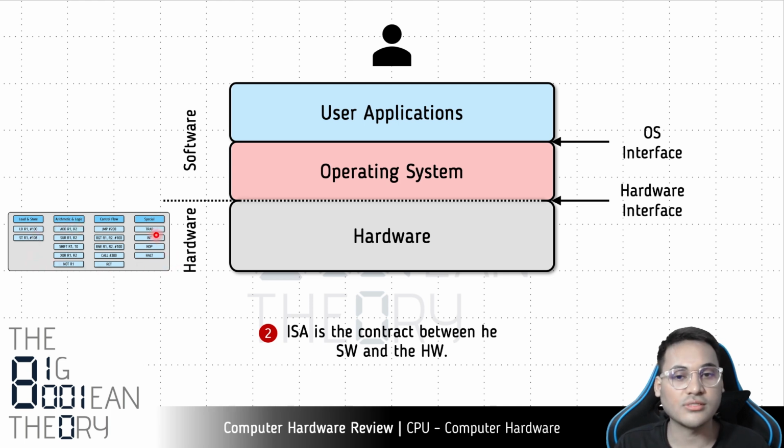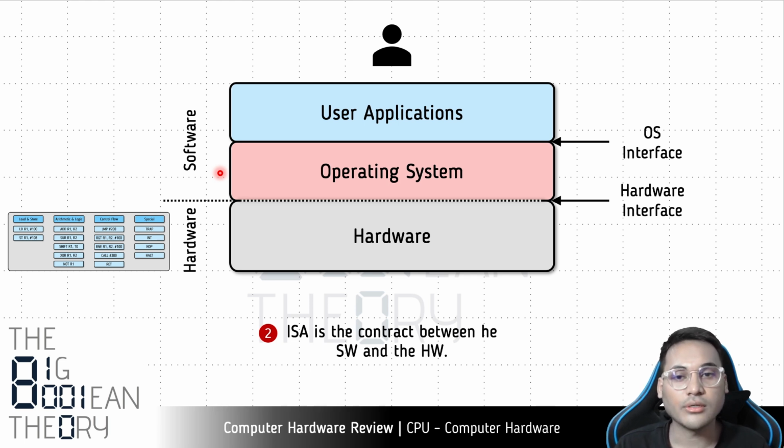This is the CPU hardware, this is the hardware interface, and any piece of software that will run on the CPU has to follow this ISA. It should only include those instructions or operations that the particular CPU can support, right? So this is how the ISA acts as a contract between the hardware and the software developer.